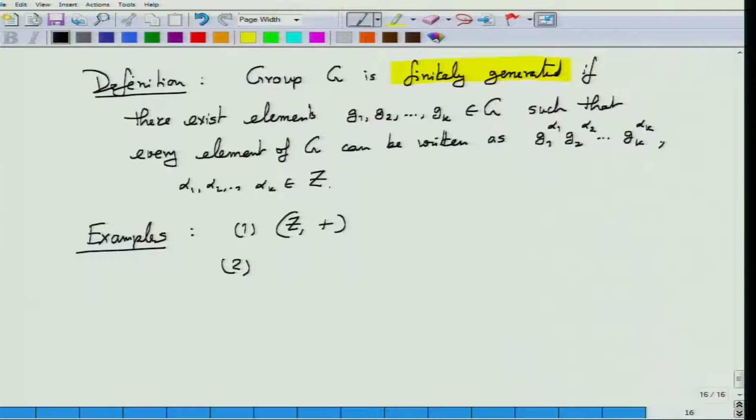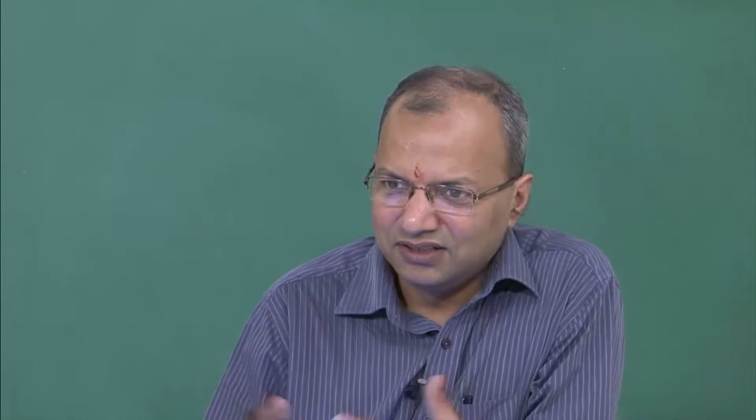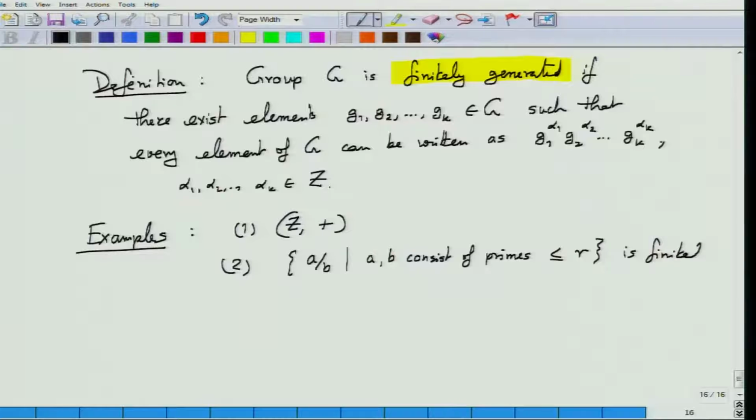The restriction of Q star, where we consider all prime numbers up to some upper bound R, and then look at all rational numbers a by b, where a and b only consist of primes up to R, is finitely generated, because now you only have finitely many prime numbers with which all the numbers are written.